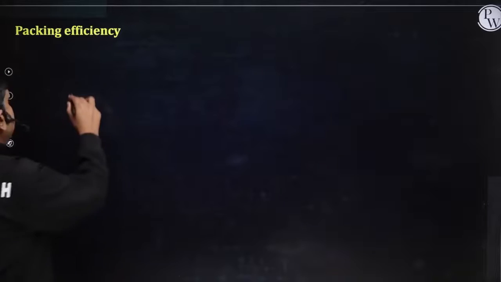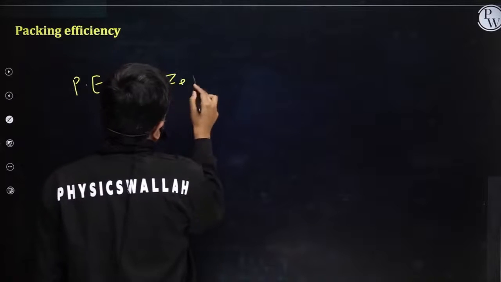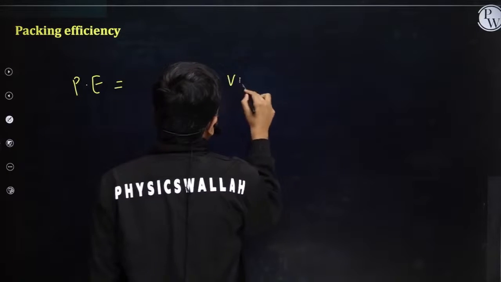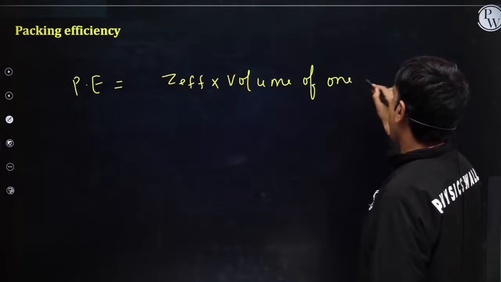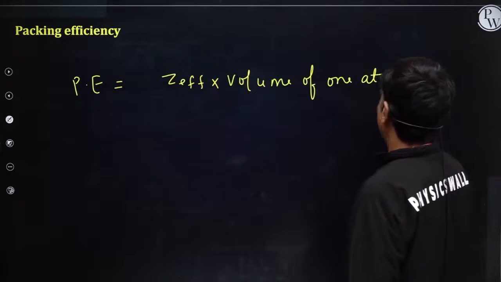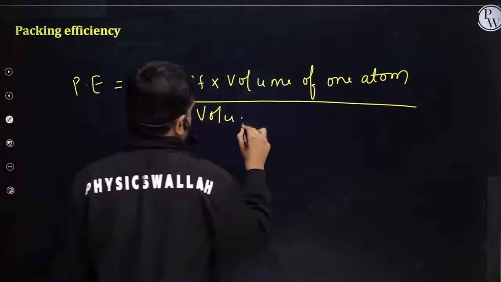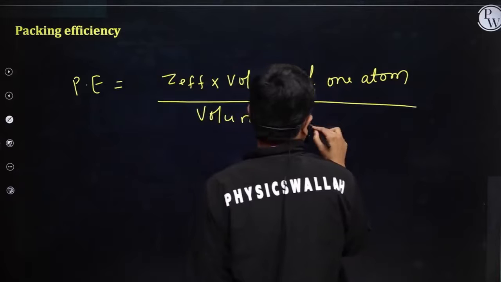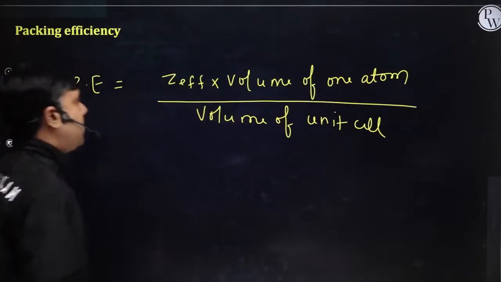Packing efficiency. Packing efficiency we calculate as Z effective into volume of one atom upon volume of unit cell. What is the volume of unit cell? a cube.